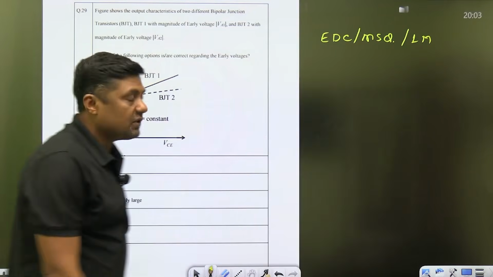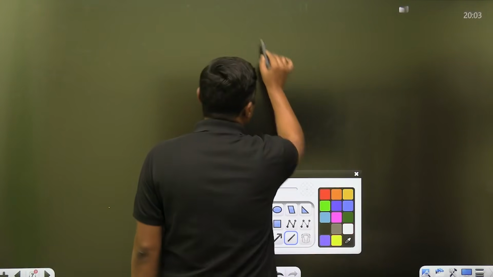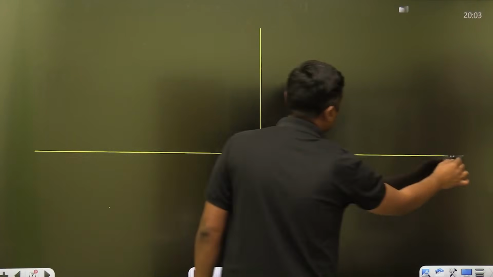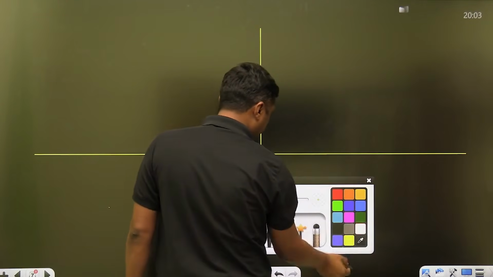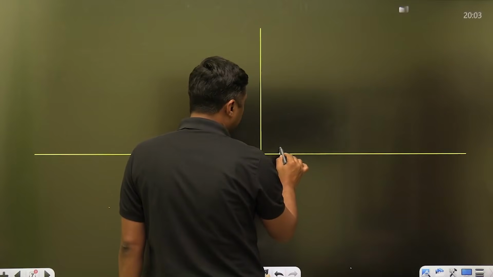Now what is the answer for this question? Because it is an early effect. Always remember, the early effect is called base width modulation. In a BJT we have this type of characteristics.